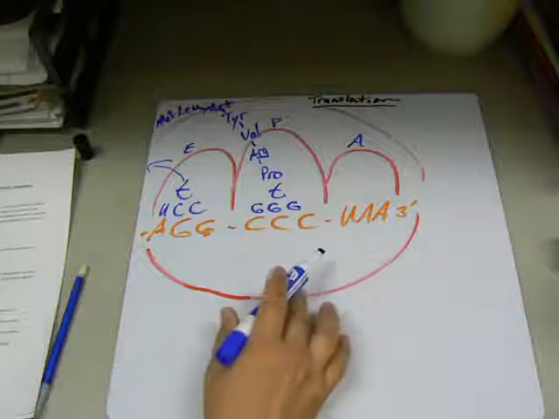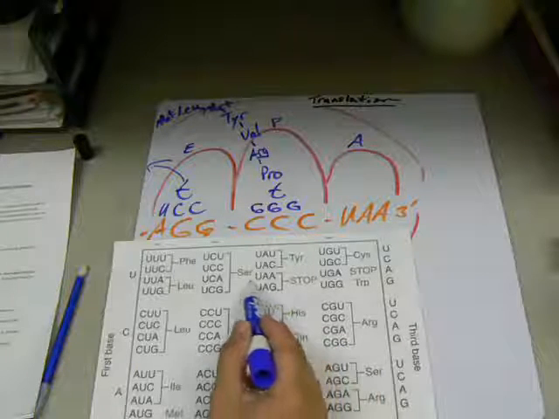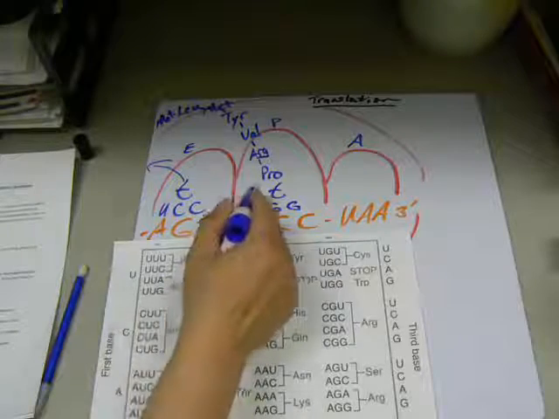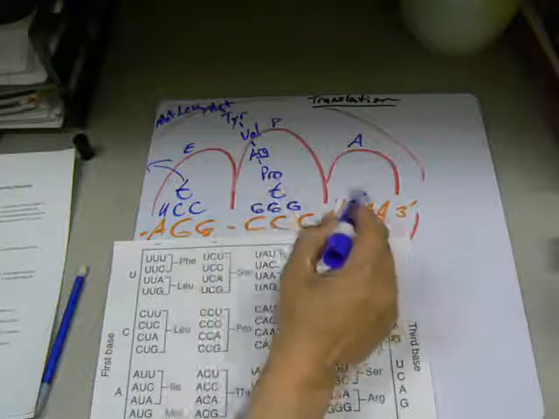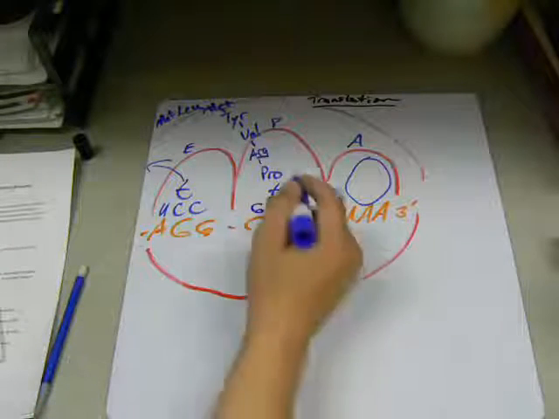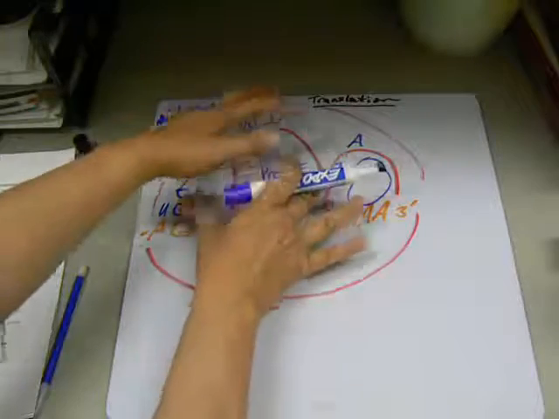So now we are to the last codon, and it is UAA. And UAA codes for stop. That means there's not a tRNA that's going to match that codon. So what happens instead is that a protein comes in here and signals the ribosome to open up.